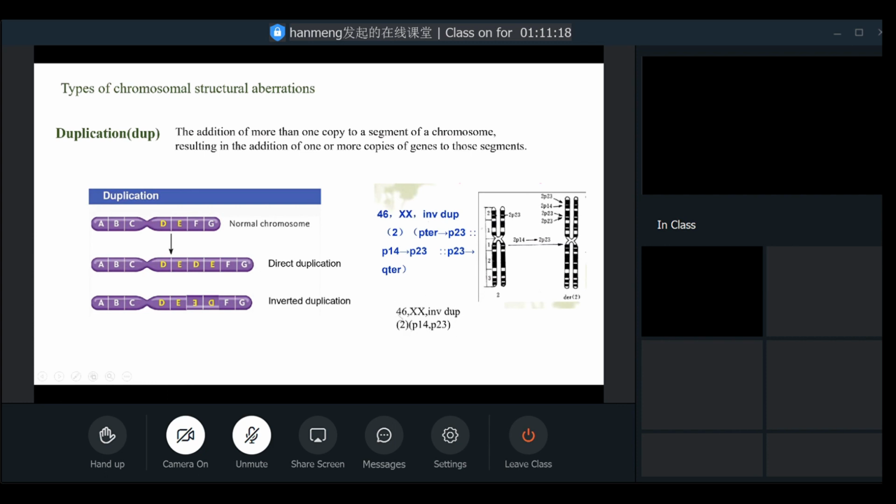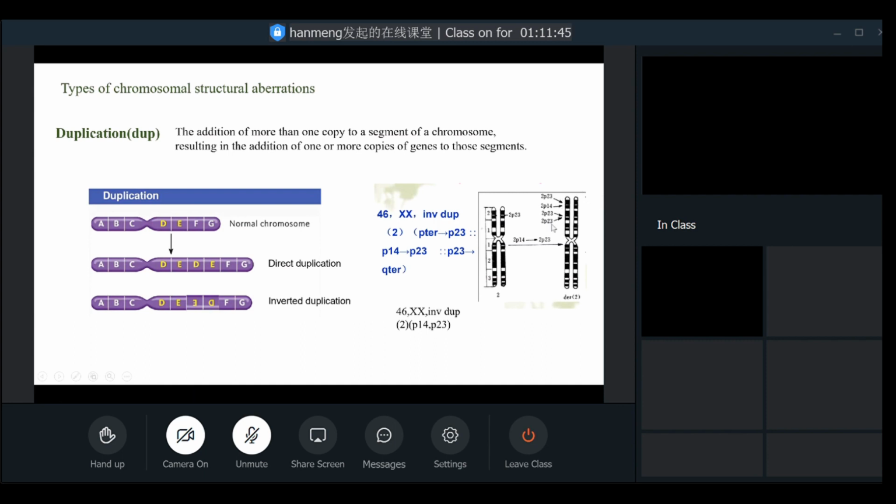Here we should use the black one to describe them: 46, XX, inverted duplication, 2, P14 and P23. Now we use the detailed description method.